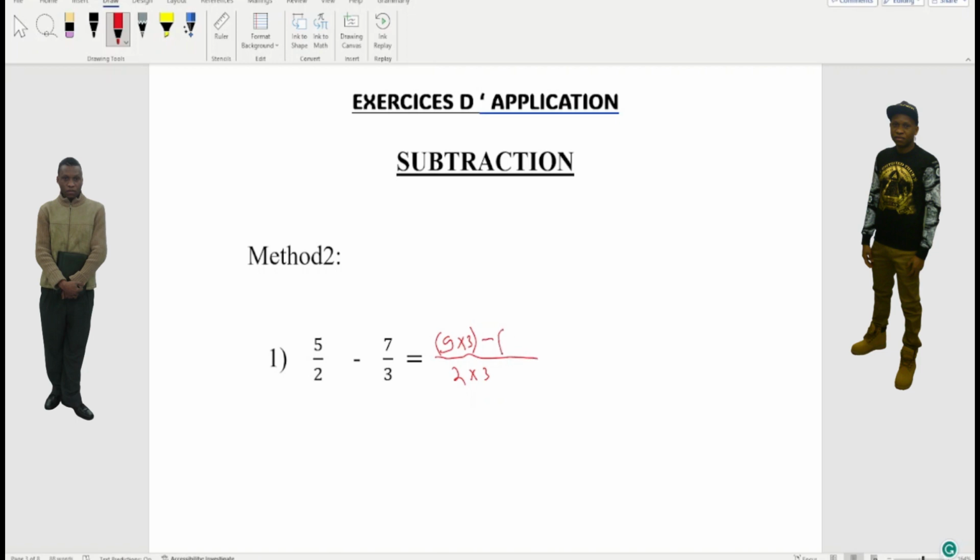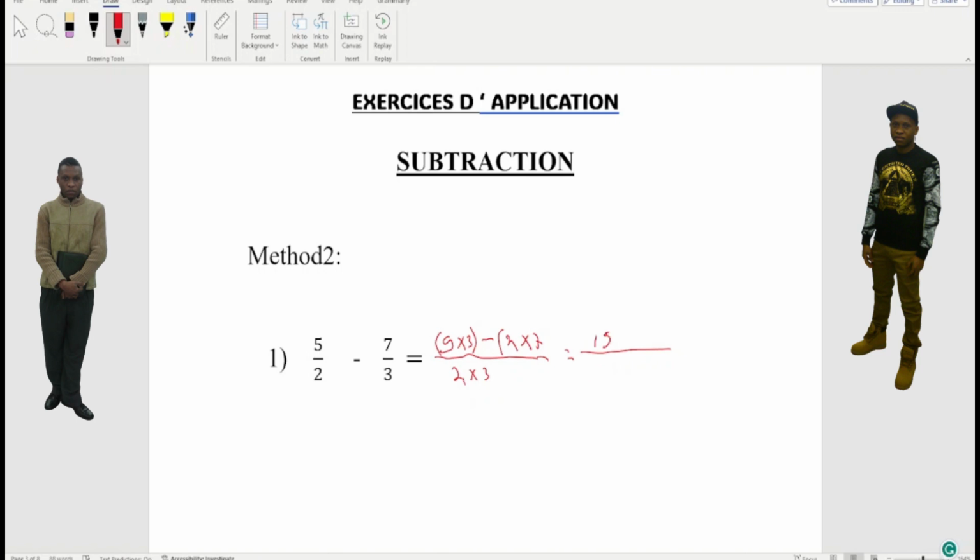Now this 5 times 3, and we're going to write 2, this 2 times 7. Okay, now when we do 5 times 3 equals, we're going to get 15.